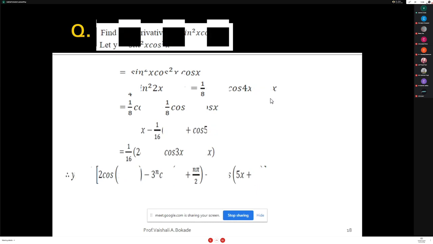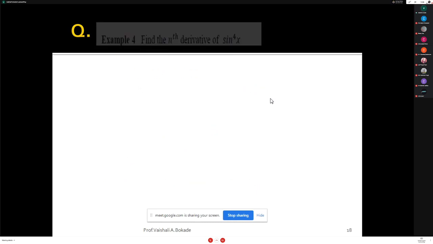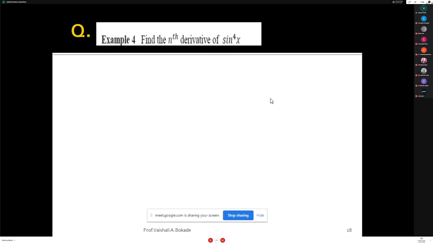Let us go for one more example. Now I have to find the nth derivative of sine raised to 4x.